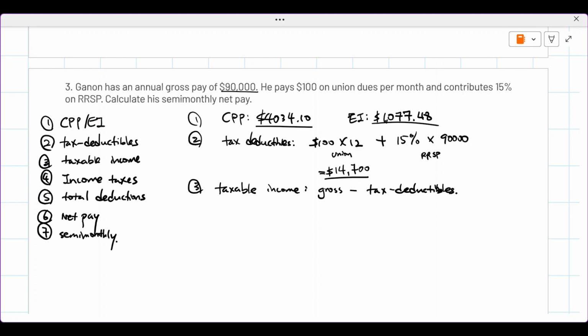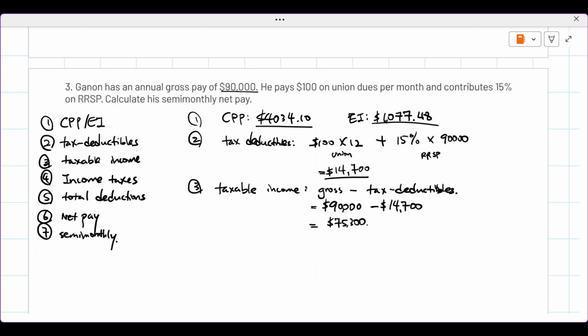I think a lot of people use tax deductible as a way of saying tax deductible expenses. So that's going to be 90,000 minus 14,700. Let's use a calculator. 90,000 minus 14,700 is going to be 75,300.